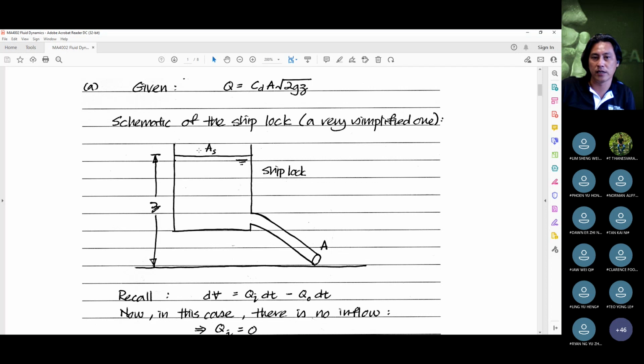Surely, if we're talking about water discharge, we need to worry about the cross-sectional area of the free surface.